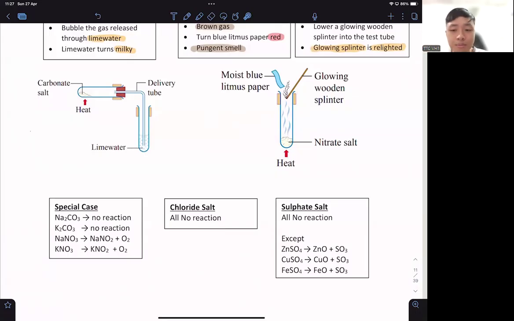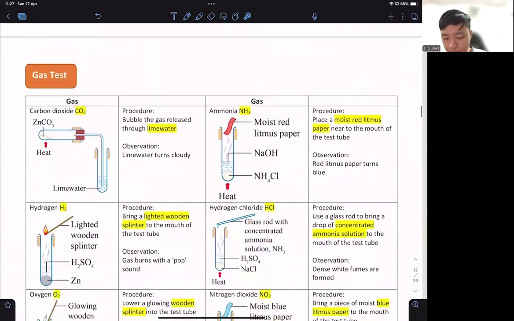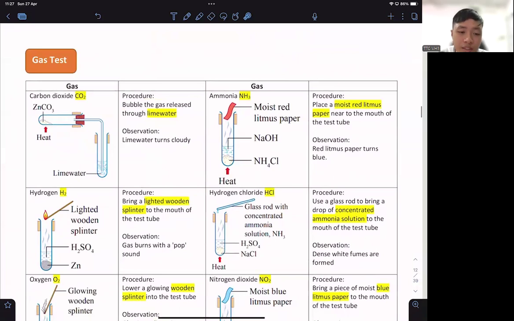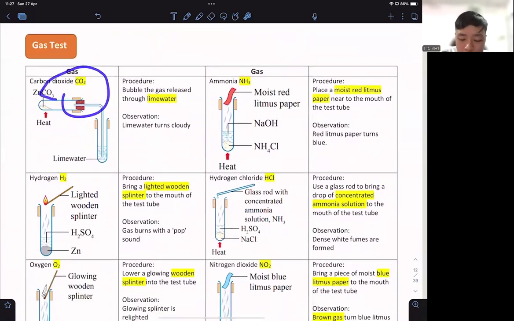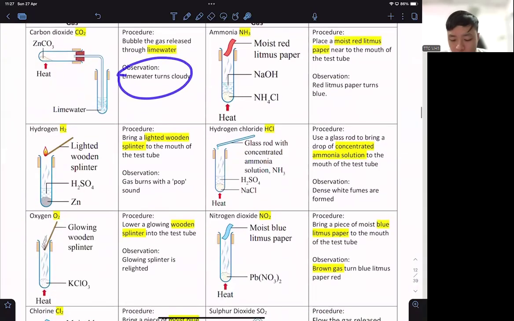Any question with this? No, okay. This is your gas test. Carbon dioxide: you bubble the gas through lime water and it turns cloudy. Hydrogen gas: you bring a lighted wooden splinter into the test tube and you get a pop sound.